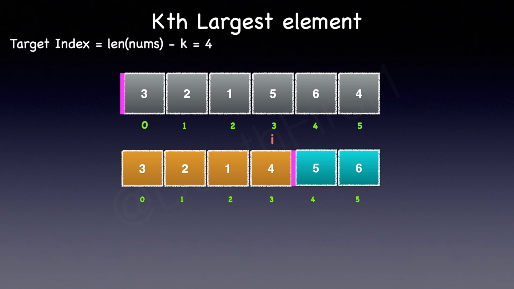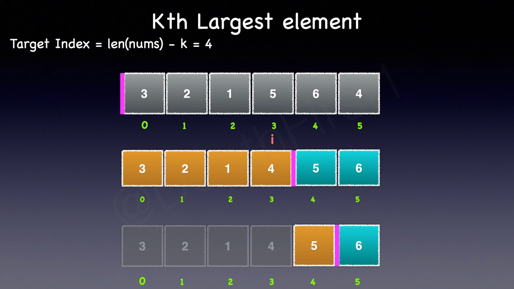Since our target index is greater than 3, we'll ignore the first half of the array and partition the second half. Here is what the array will look like after partitioning the second half. The partition index returned is 4, and that's what we're looking for. So we return the element at index 4 as the answer, which is 5.